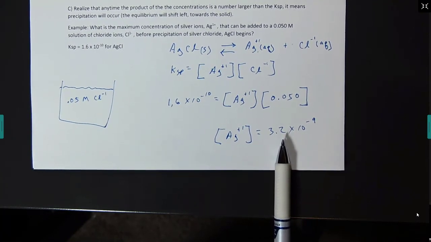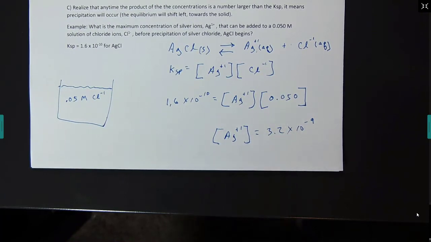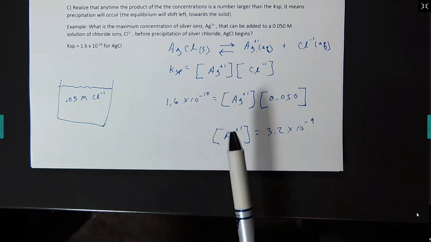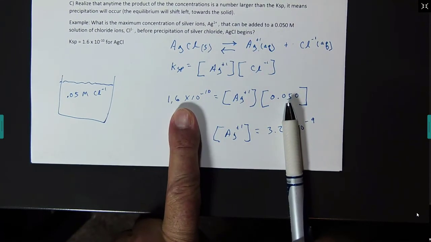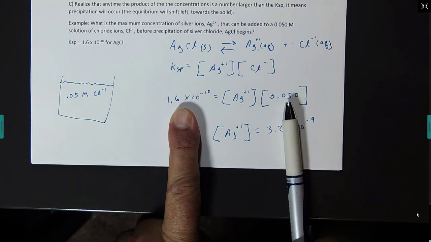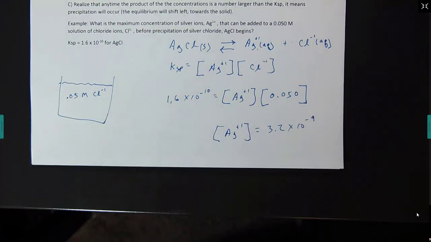That's when it starts to turn cloudy, it's right there. So that's predicting when a precipitate will form. You know the concentration of one thing, you know the value of Ksp. When this other thing hits a certain concentration, that's when you start to get a precipitate.